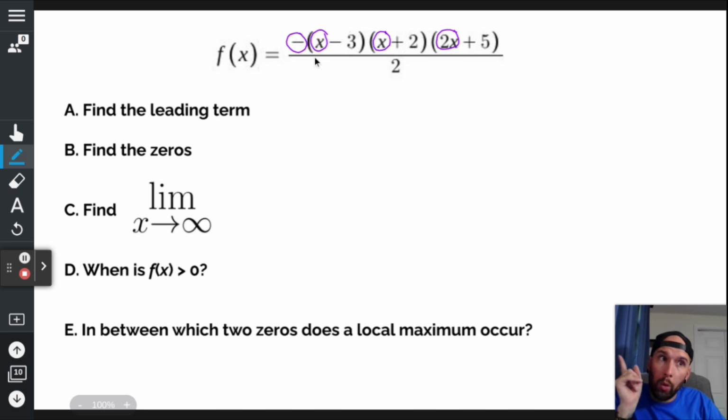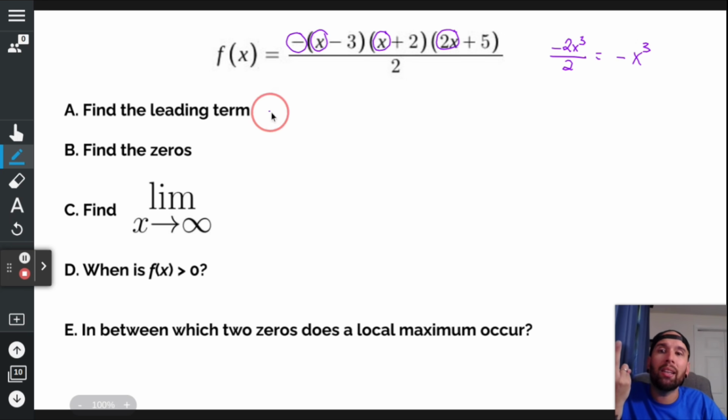We have one added part, which is divide by 2, so I have to include that as well. Negative x times x is negative x squared times 2x is negative 2x cubed, which simplifies to negative x cubed.